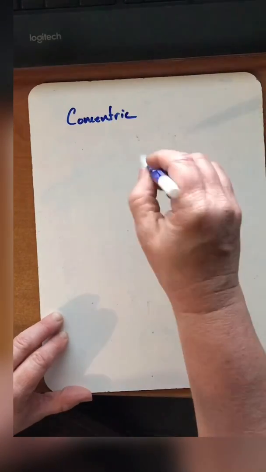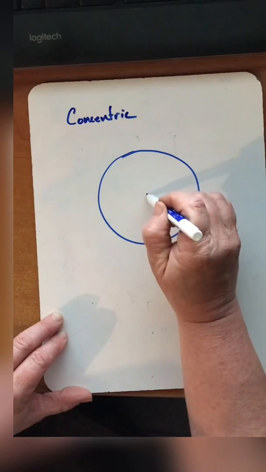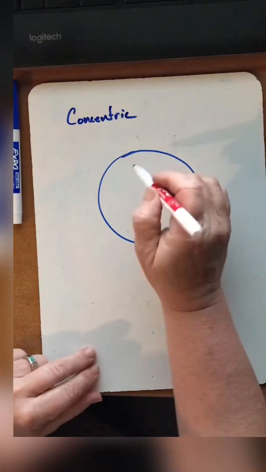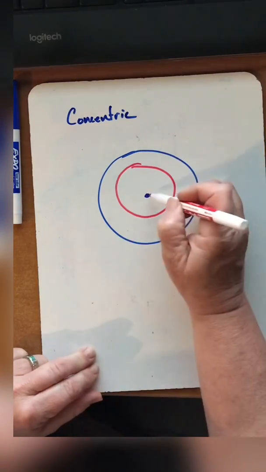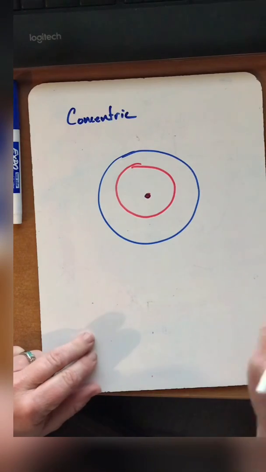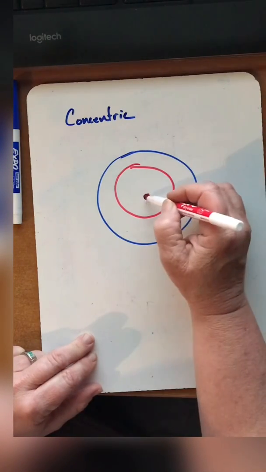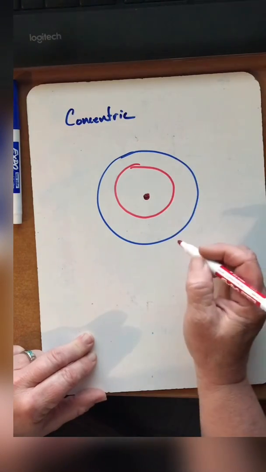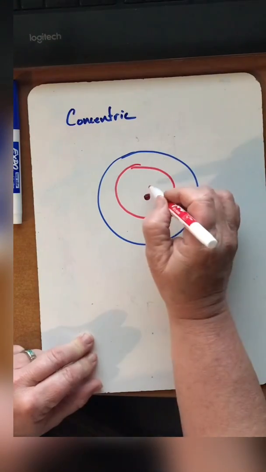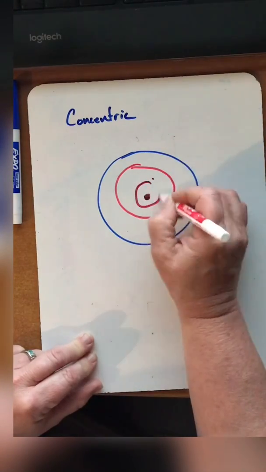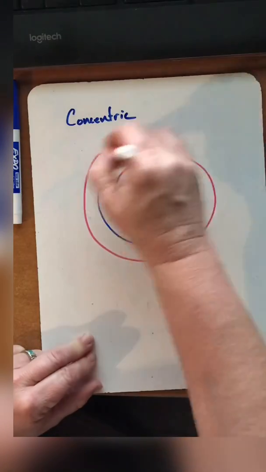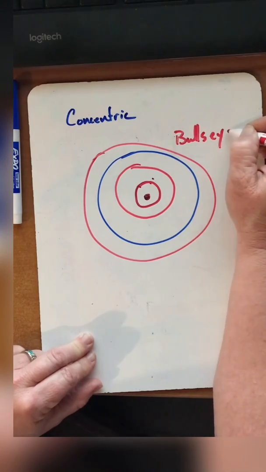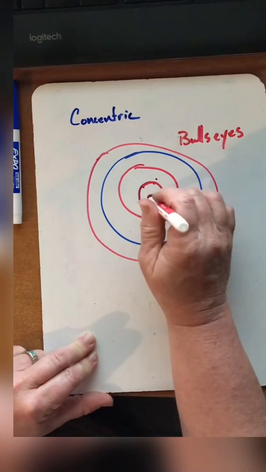What that means is that I have a circle with a center, and then I have another circle with the same center, even though I can't draw straight. I'm telling you. So when they have the same centers, they're concentric. Sometimes concentric circles are like a bullseye. Think of a bullseye. If anyone's ever played darts, a bullseye is a bunch of concentric circles. They all have the same center.